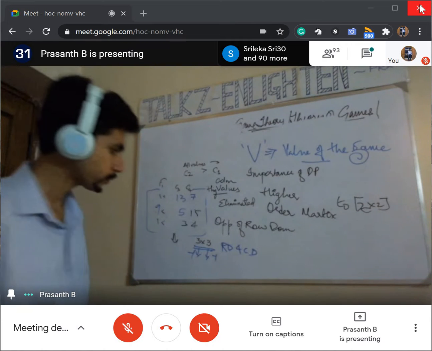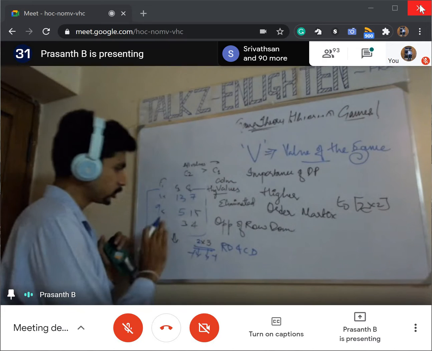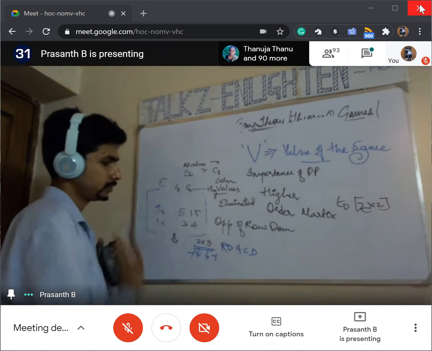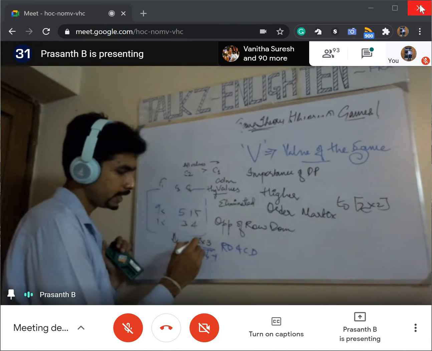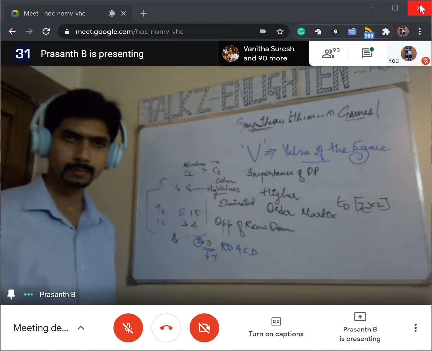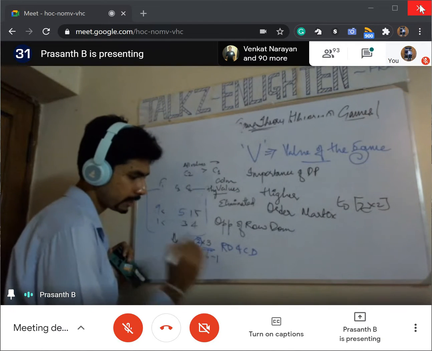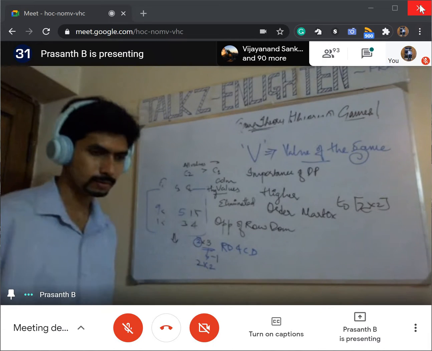Okay. But if the matrix is 2 cross 3 like this, I'm not going to use the row dominance because it is already 2. I have to use only column dominance and reduce this by 1, so it becomes 2 cross 2, correct?